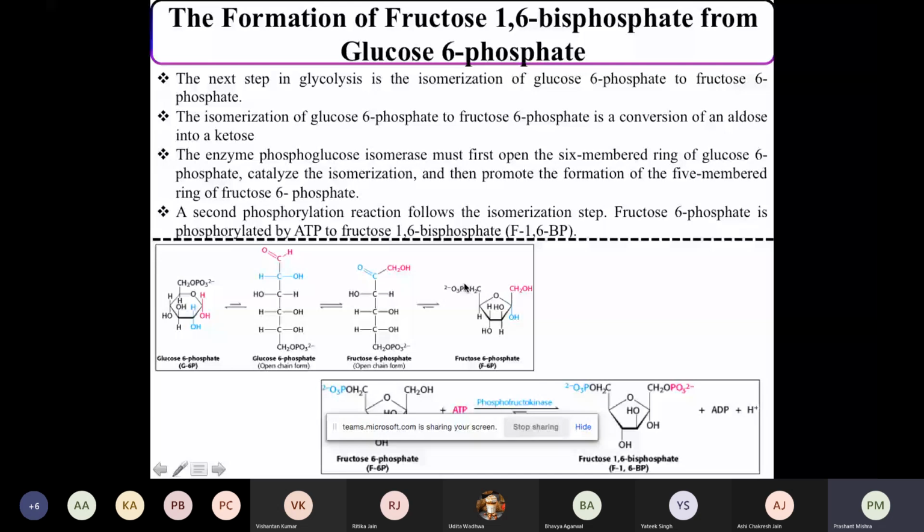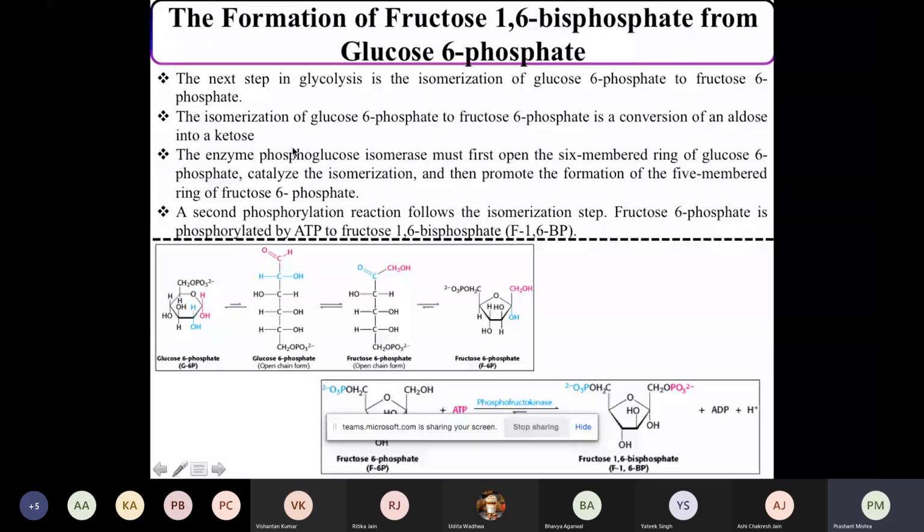When such conversion occurs, the mechanism is that glucose 6-phosphate first converts into an open chain, and this open chain interconversion occurs, and then they go again into the closed chain. Here what you see is that the ring structure changes between glucose and fructose because of the aldo-keto pair. So the isomerization of glucose 6-phosphate to fructose 6-phosphate is conversion of aldose into ketose.